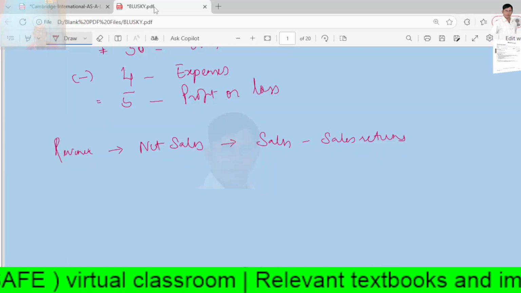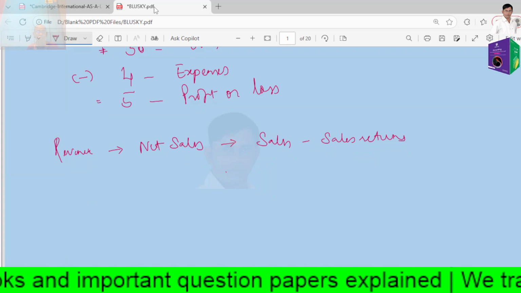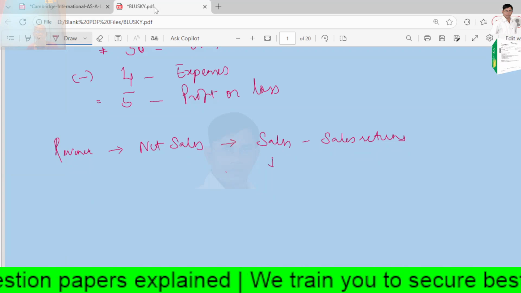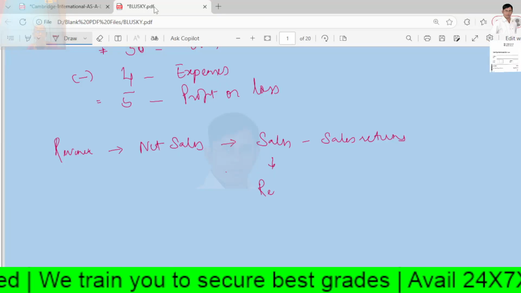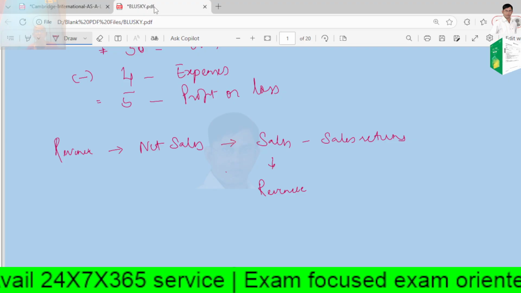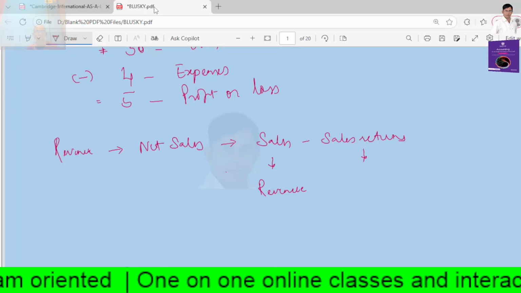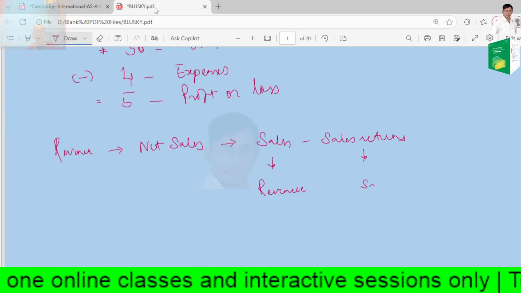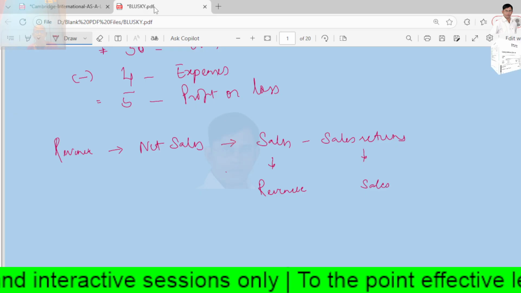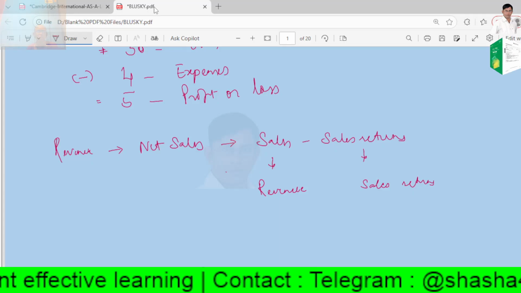Sometimes instead of sales they will give revenue, and they will give sales returns also. There are no revenue returns, so there are always sales returns. Don't get confused.